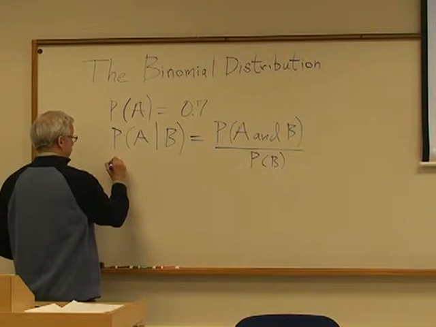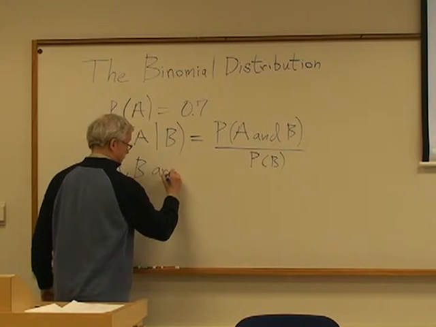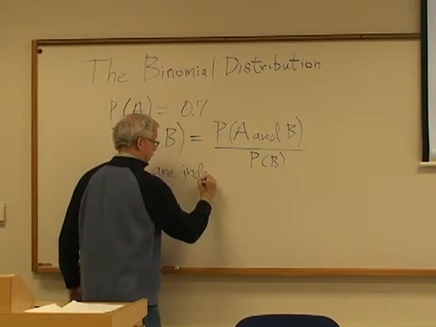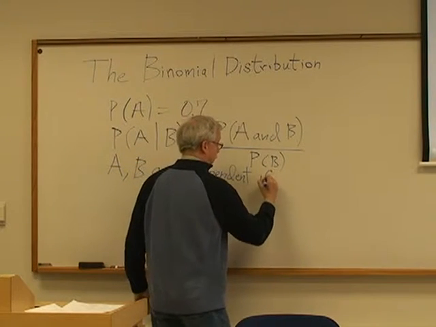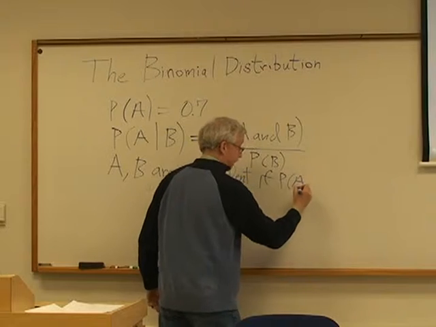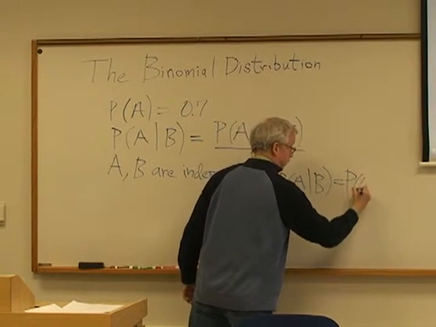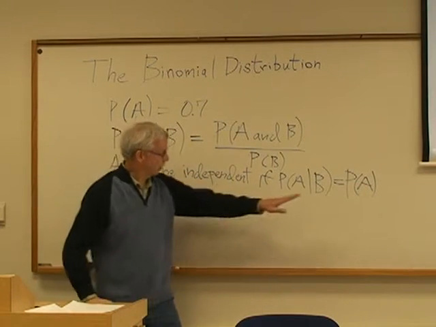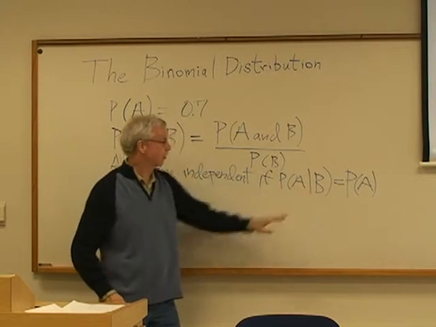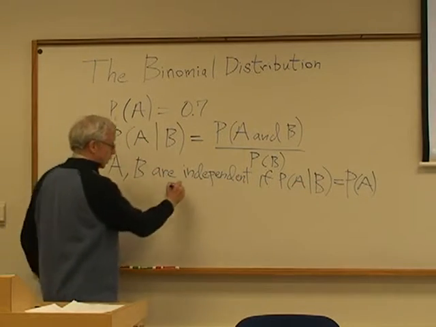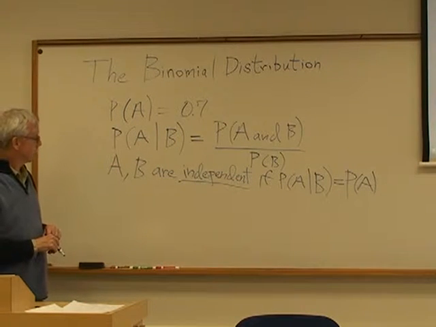Now we bring up a new definition. We say that two events A and B are independent if the probability of A given B is exactly the same thing as the probability of A. Or in other words, the fraction of the whole population that's A is exactly the same as the fraction of the B's that belong to A. And we'll use this idea as we develop the binomial distribution.